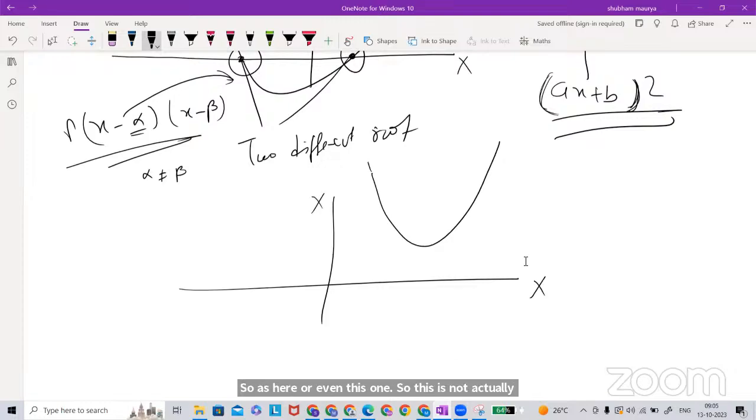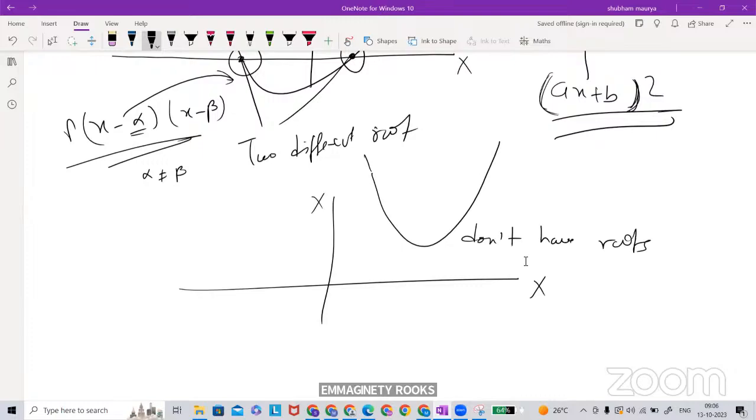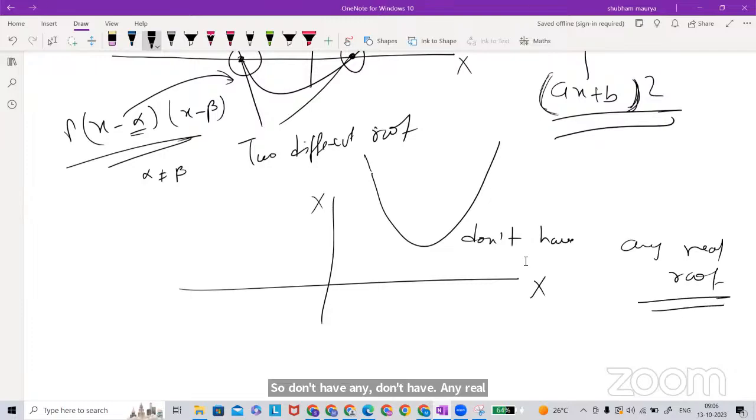So this kind of quadratic doesn't have any real root; it has imaginary roots. This kind of quadratic will be of this form, x square plus, let's say, alpha, where alpha is going to be positive.